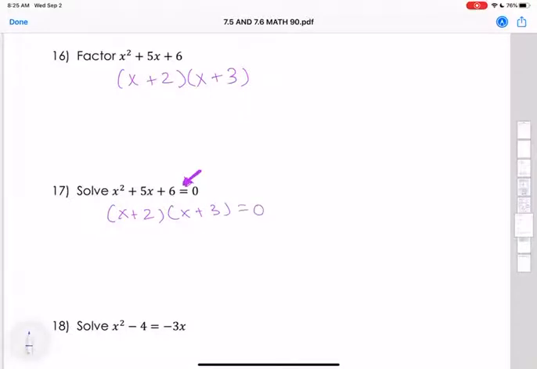Now we have it equal to 0, so we have to actually solve it. x plus 2 equals 0. x plus 3 equals 0. Meaning that our solutions are x equals negative 2 and x equals negative 3. So if it has the equals, your answer should have x equals something. If it doesn't have the equals, it's just an expression and you're just factoring it and then you're done.